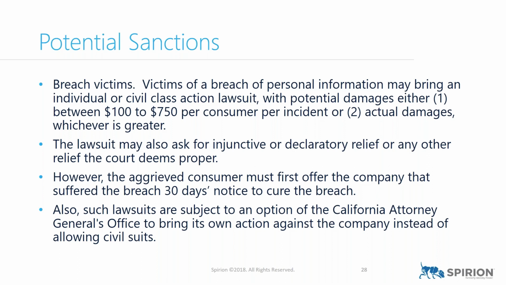The question is, also, the AG's office can preempt that. So they have to be given an opportunity to jump in and take the lawsuit over, essentially. So the net of it is that I don't know how many breaches are going to wind up being punished under this law, at least by class action lawsuits. And I imagine that was another motivation for the California legislature to get this done so fast, because otherwise it would have been a huge opportunity for tort lawyers to bring class action lawsuits.